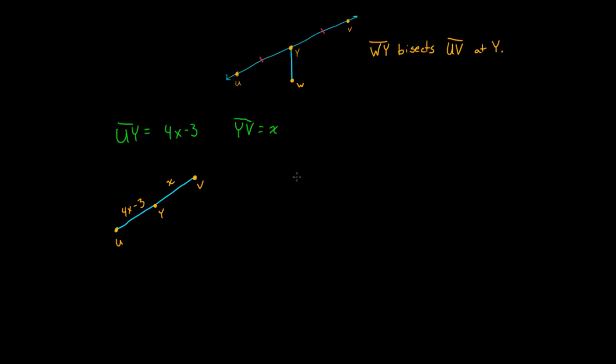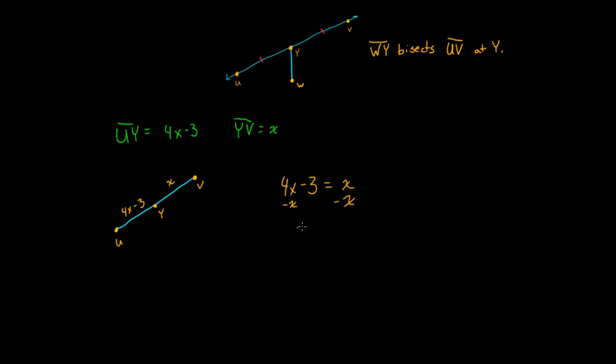So in order to solve for that, I'm going to put my 4x minus 3 equal to my x. And now simply solve. I'm going to move my x's to the left side, and get my numbers by themselves on the right. So I'm going to subtract an x from both sides.